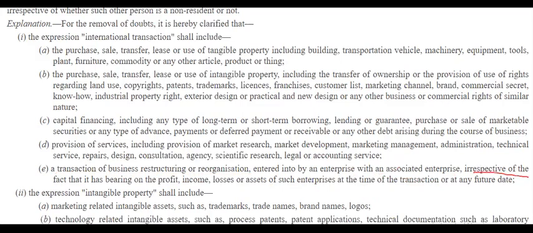That means whether or not it has bearing on the profit, income, loss, asset of such enterprises, a transaction of business restructuring or reorganization entered into by an enterprise with an associated enterprise is also included in international transaction.